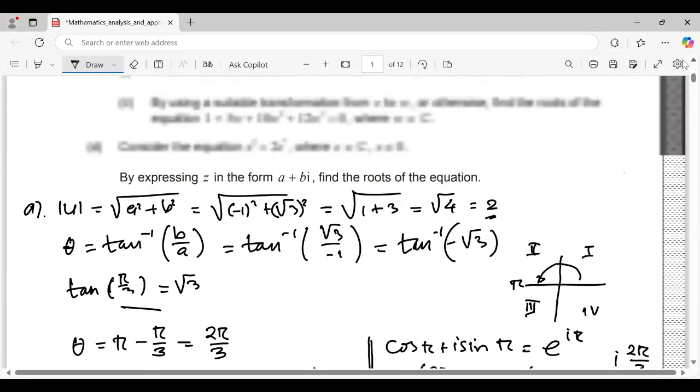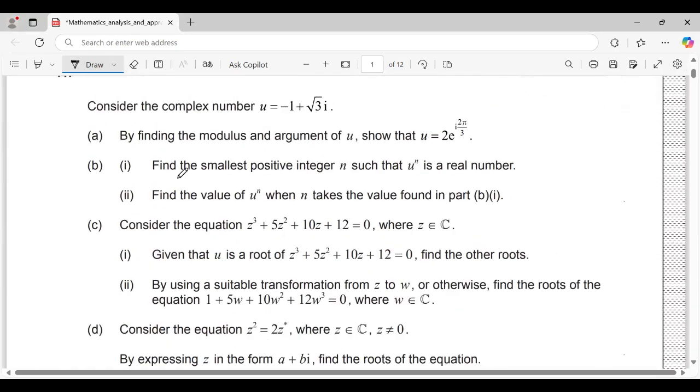Next question, part B. Find the smallest positive integer n such that u power n is a real number. Find the value of u power n when n takes the value found in part B1.